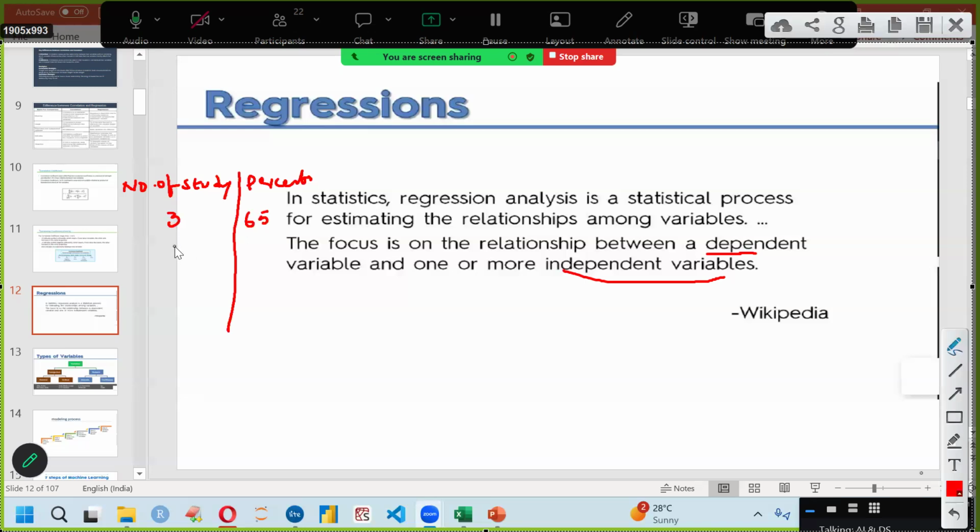If the number of study hours is 4, the percentage is around 70. For 5, it is around 80. For 6, it is around 85, something like that.